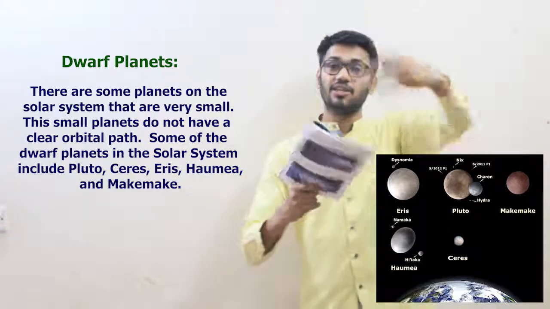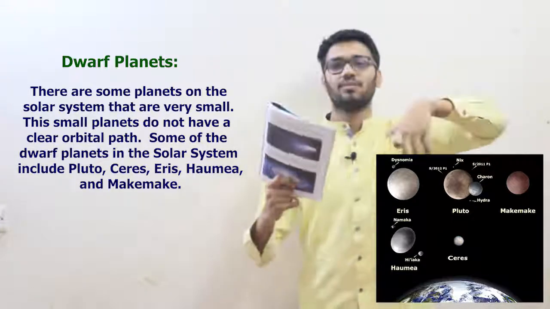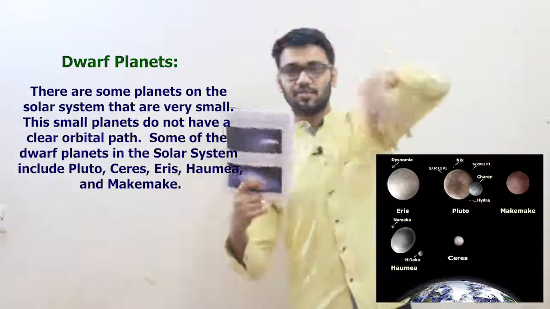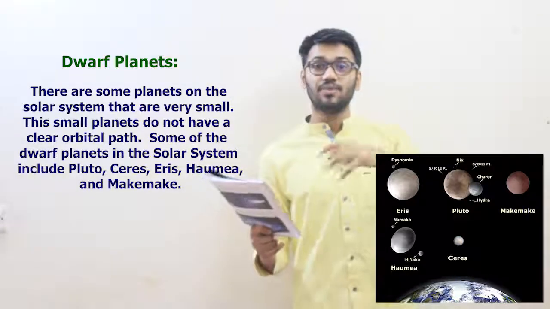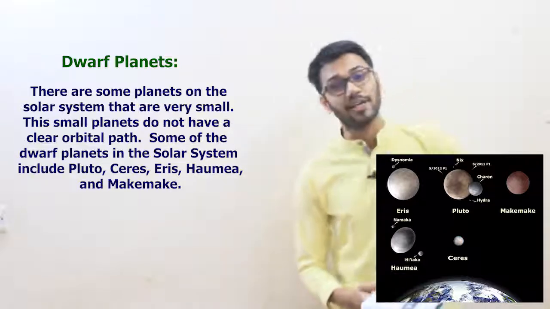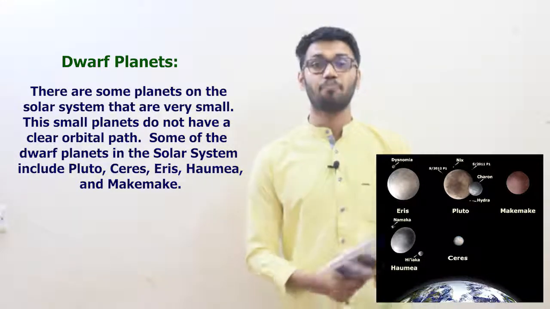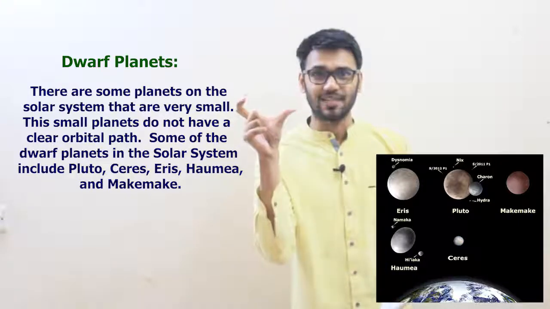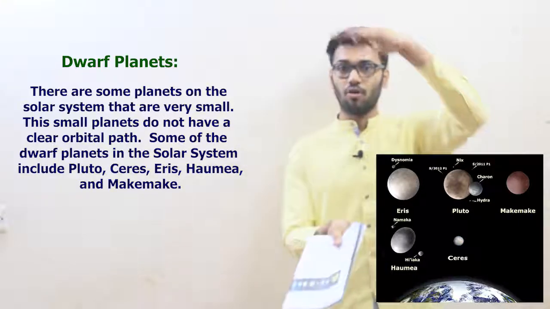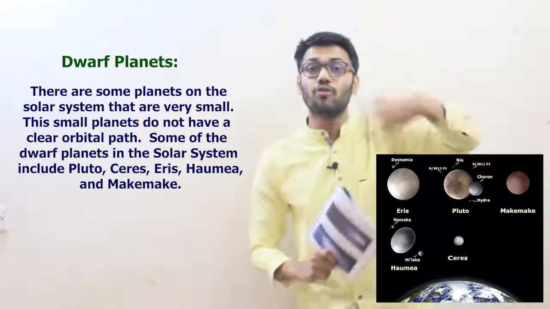That means they sometimes orbit the sun, sometimes they orbit another planet. That means they don't have a clear path. That's why these planets are called dwarf planets. Dwarf planet. What's a dwarf? Dwarf means small. Okay, the dwarf planet.